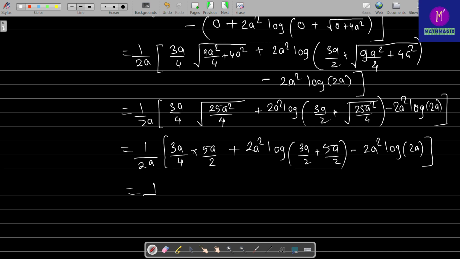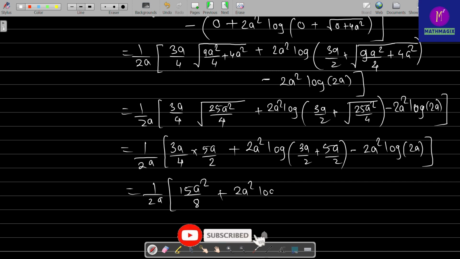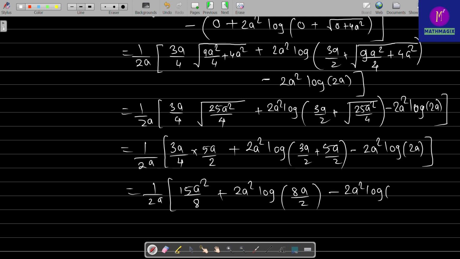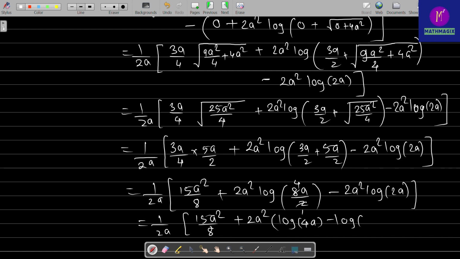This is nothing but 1 upon 2a, 15a square by 8 plus 2a square log of 3a by 2 plus 5a by 2, minus 2a square log of 2a. So we will get 1 upon 2a into 15a square by 8 plus, here if I take 2a square common, this is nothing but log of 4a minus log of 2a.